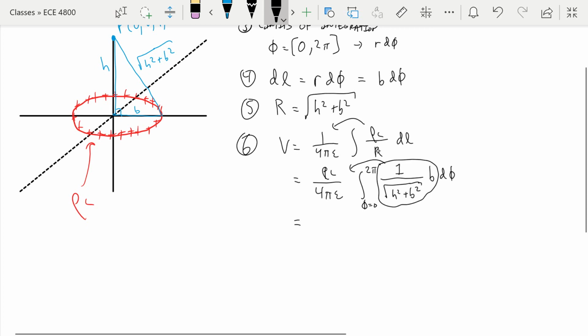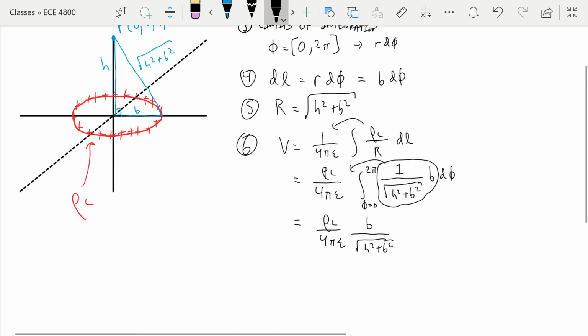And we're just left with the integral from 0 to 2 pi of d phi, and that is equal to just 2 pi. So we get rho L over 4 pi epsilon, 1, we'll make this b over h squared plus b squared times the integral from 0 to 2 pi.